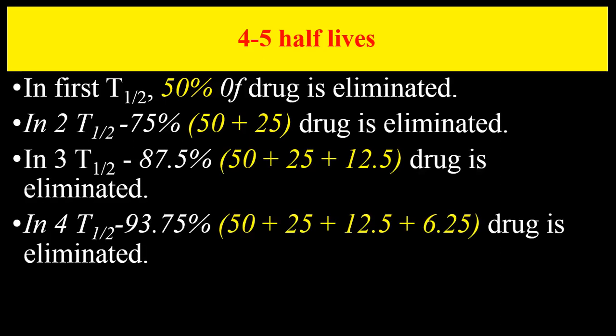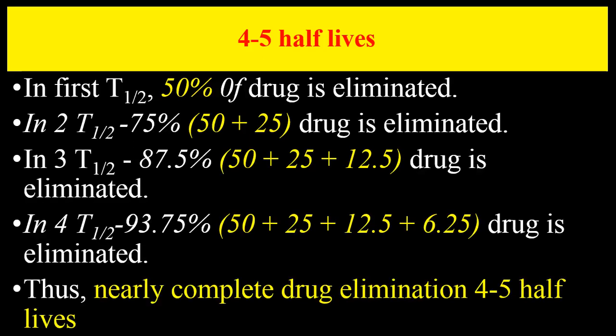Now, when will the drug be completely cleared from the body? This question is also quite often asked. In one T half life, 50% is gone. You understand it? And in the next T half life, 25% out of the remaining 50% is also gone.